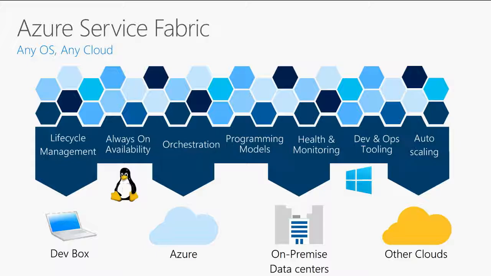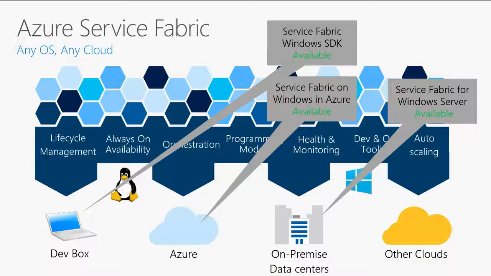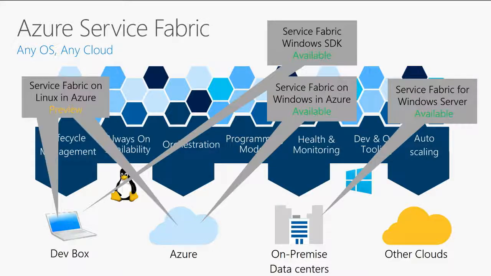Let me also talk to you about the roadmap of the new capabilities which we'll be releasing this year. Some of it we already have released. For example, the Service Fabric Windows SDK, Service Fabric Windows on Azure, and Service Fabric for Windows Server on-prem. And in preview, there are two things which we have.